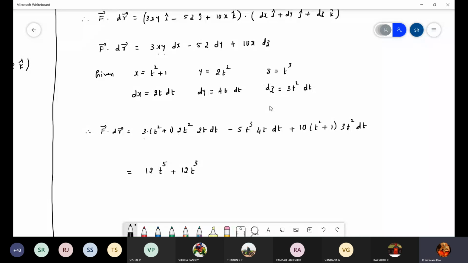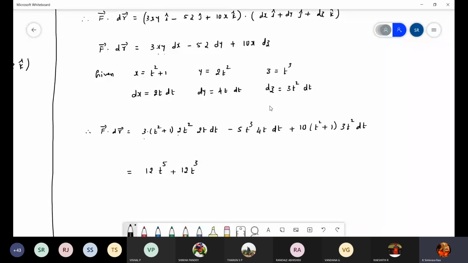You should write correctly, because a small mistake will continue through the integration and substituting limits, and you will get the wrong answer. So I'll repeat: 3 twos are 6, 6 twos are 12, 12t cubed is outside the bracket.